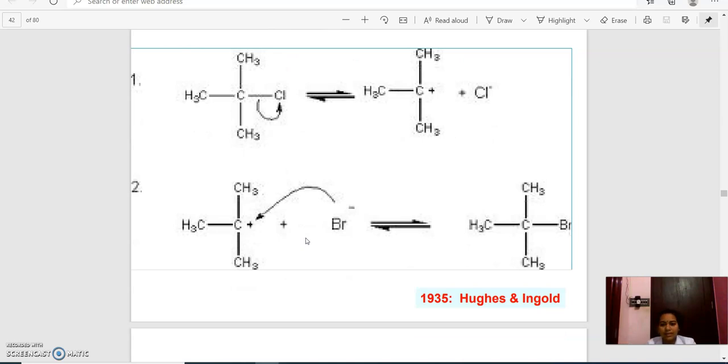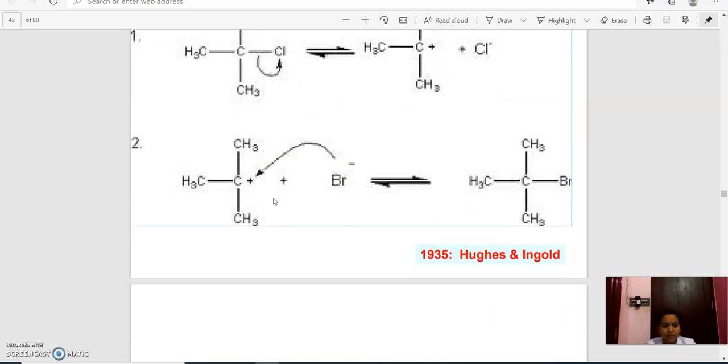Here you can see an example. There are two steps. In the first step, the leaving group leaves, then a carbocation forms. The carbon containing positive charge is known as a carbocation. Then our nucleophile attacks and we get the compound.